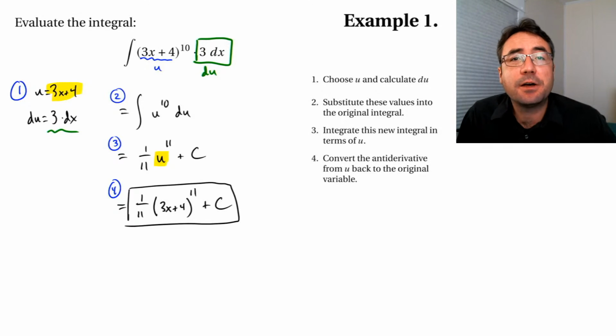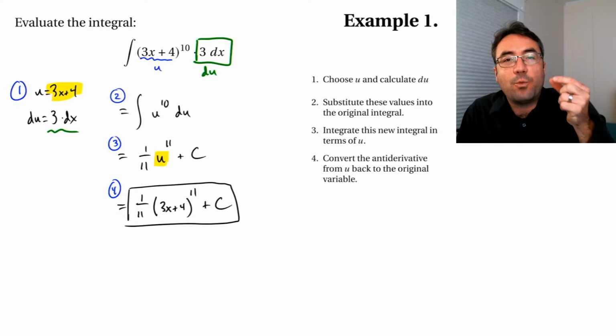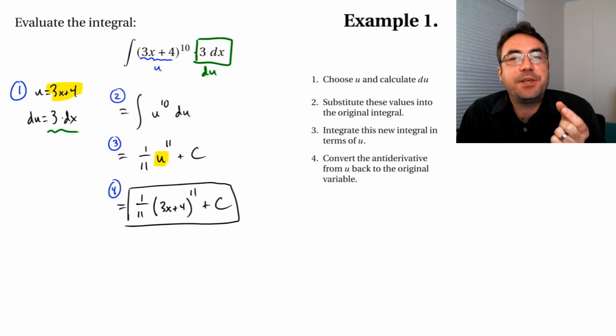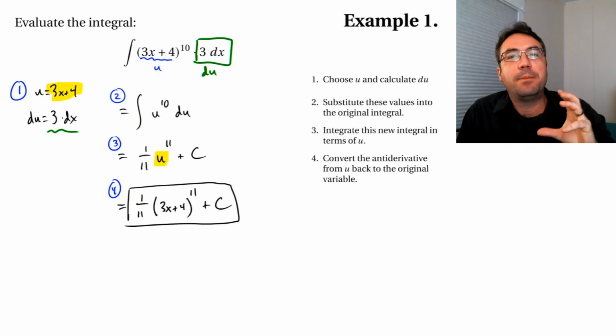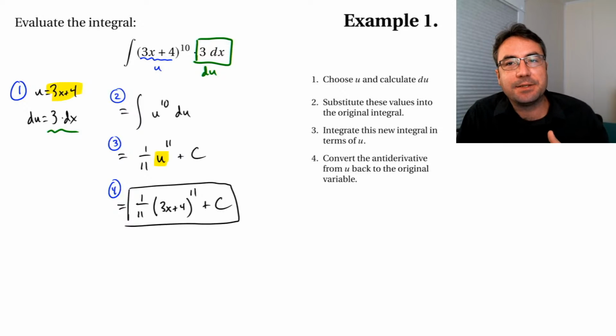The difficult thing is that it's up to us to figure out what u is. The tricky thing about integration, and you really see this in Calc 2, is that there's not always a clear path for how to go about doing the integration. For the substitution rule, the difficult part is how to pick u.